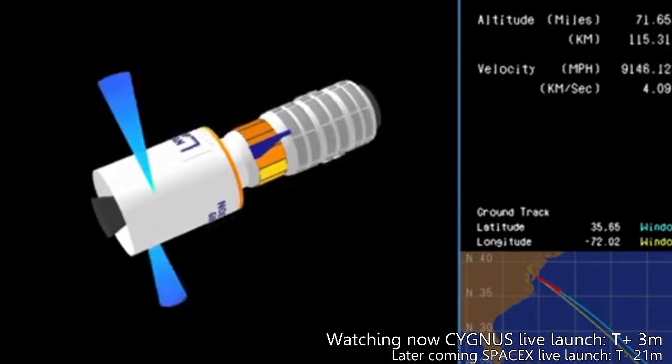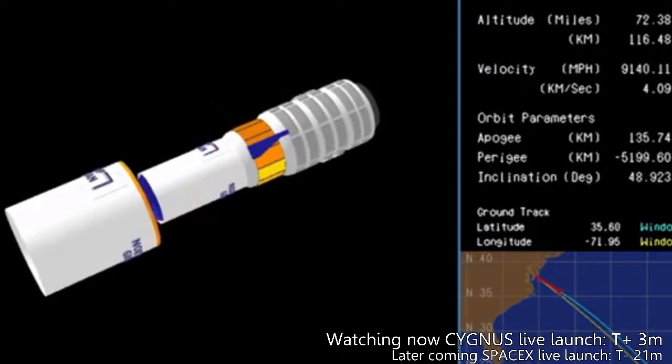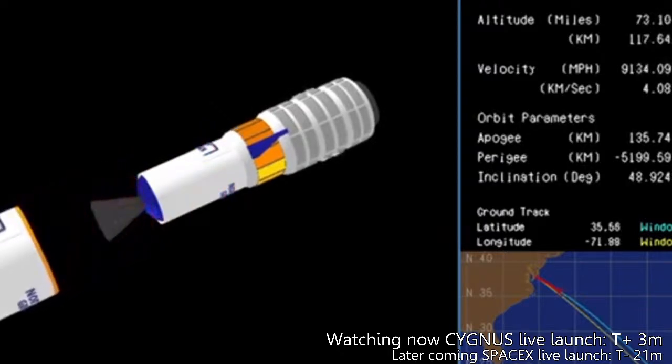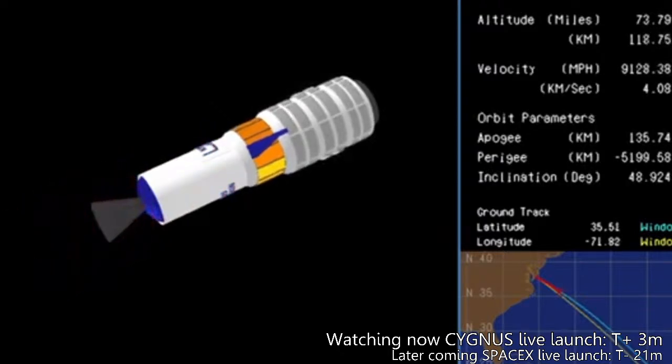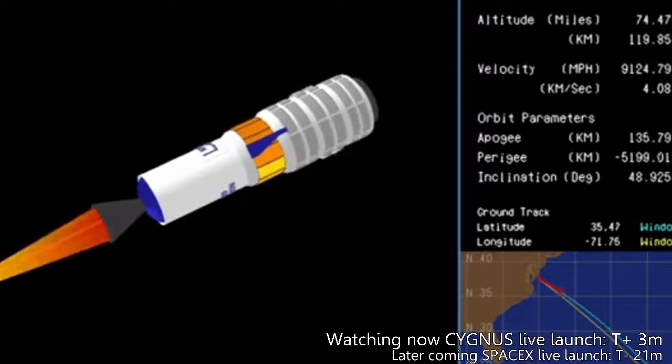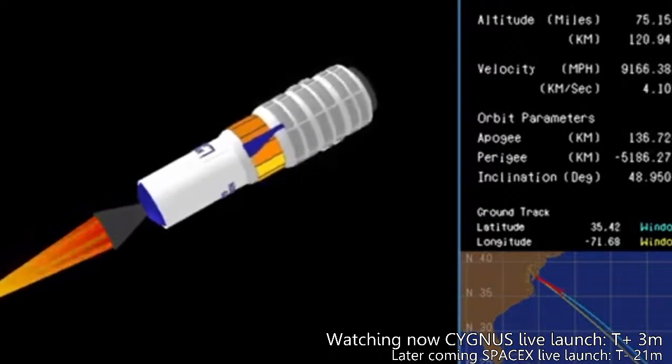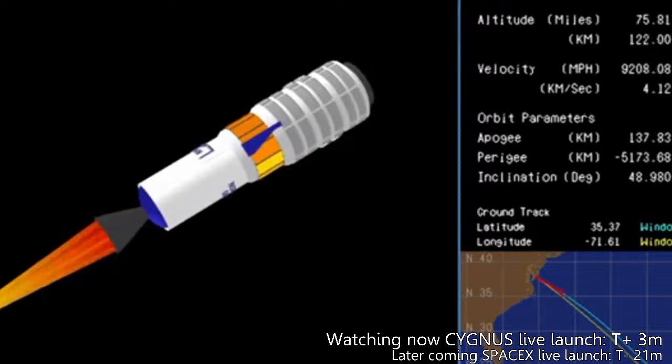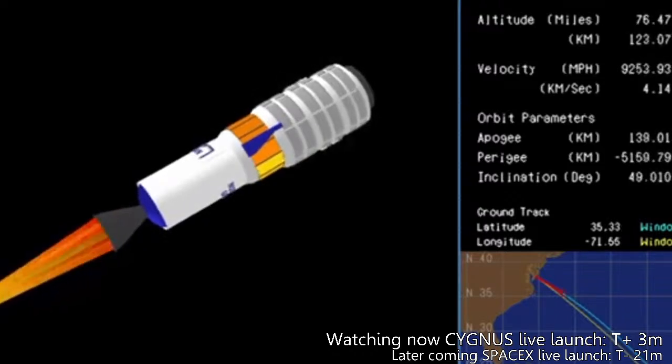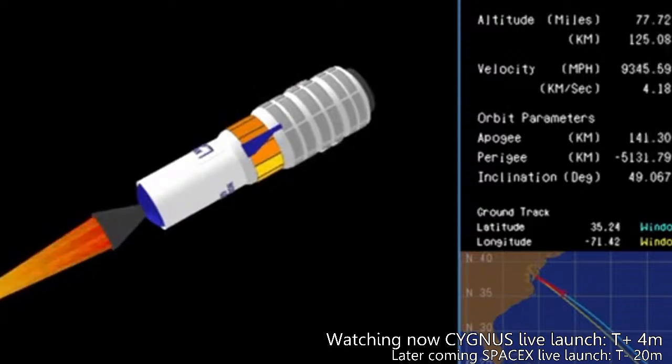Fairing separation confirmed. Cygnus now exposed to the atmosphere as it continues its trek uphill to its preliminary orbit. Stage 2 ignition. This will be about a 2-minute 44-second burn of the second stage engine.